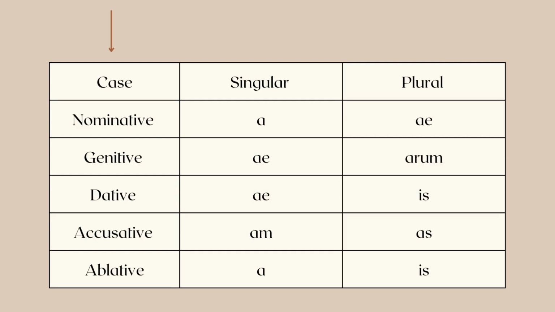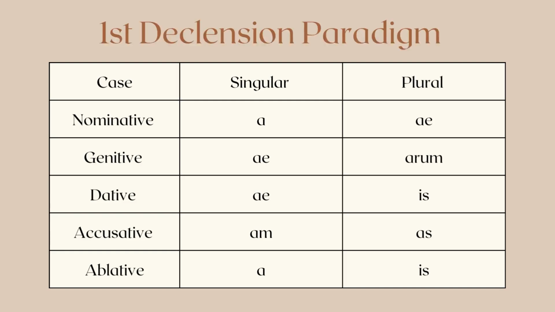There's quite a lot of variation and it's quite arbitrary. But if you know that and you come across a noun table in a different textbook, you'll be able to adjust accordingly. The middle column is for singular forms. The third column is for the plural forms. And we recite the endings like this: a, arum, is, as, is.